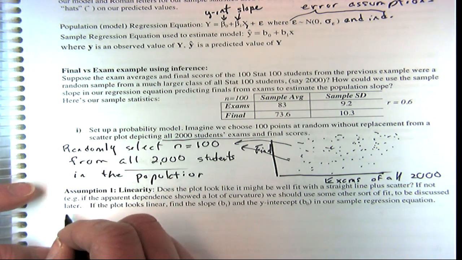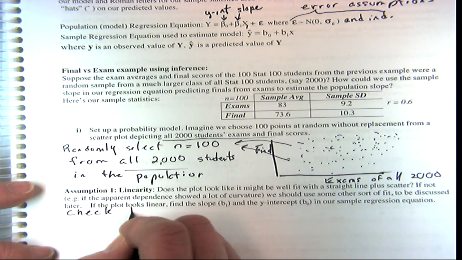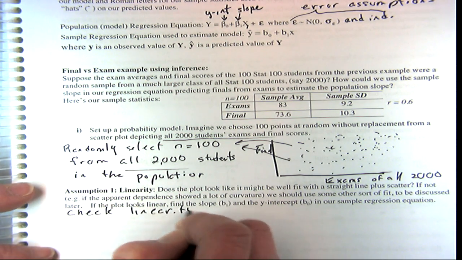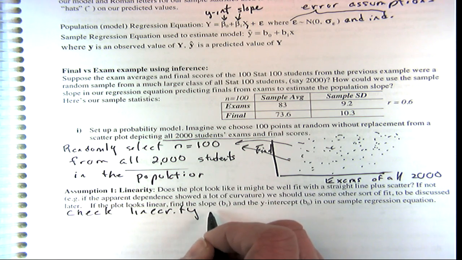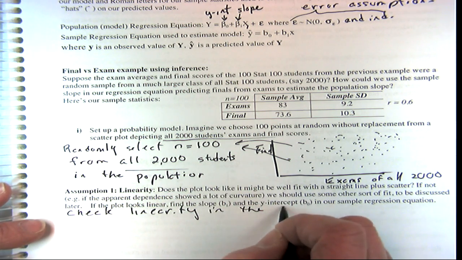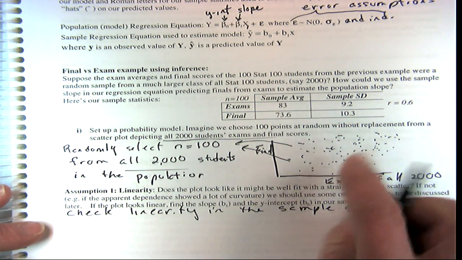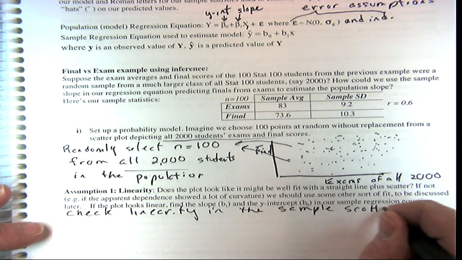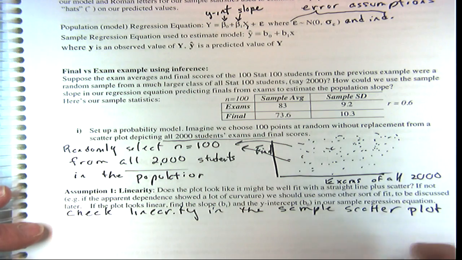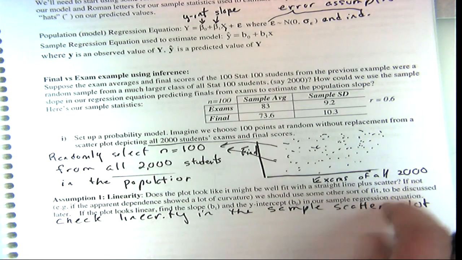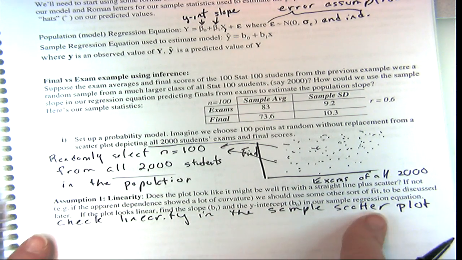So the first thing we want to do is check linearity in the sample scatter plot. Remember, we don't really know the population one, and many times that's just imaginary. We're just imagining that. Okay?